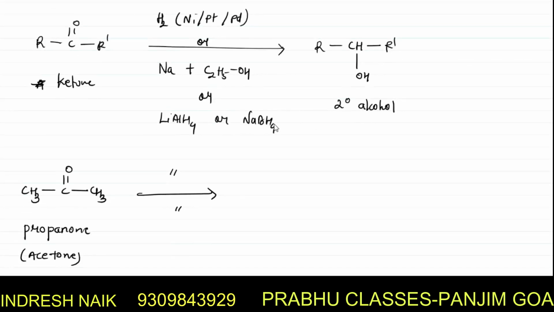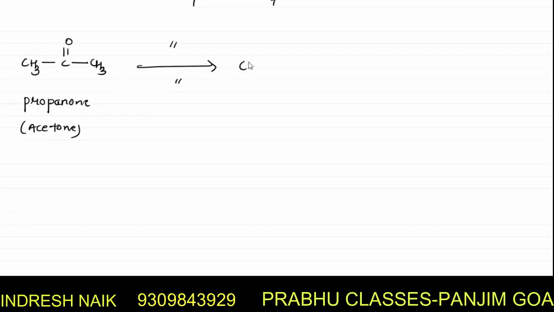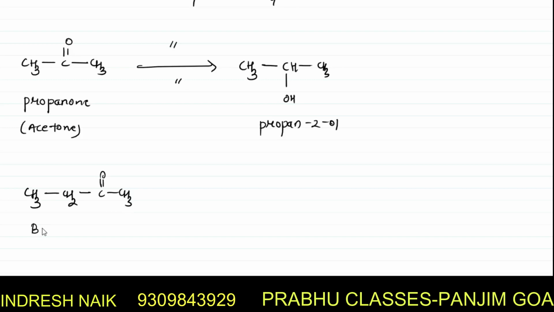I am not writing them. With this reducing agent, it will get converted to this, that is propan-2-ol. Now, if I take this type of ketone, that is butanone, and we put the same reducing agent, it is going to give me OH and a CH3.